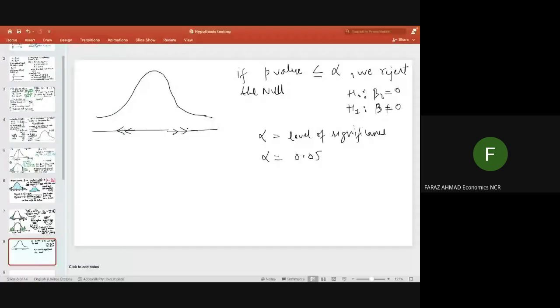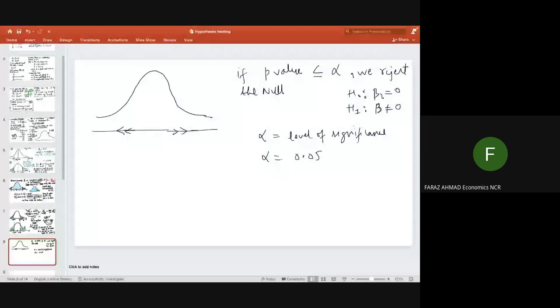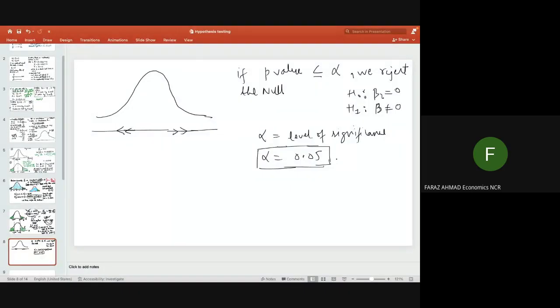And if alpha is 0.05, then we can reject the null when we have a big T value, or if we are deeper into the tails. So what level of significance is basically telling us is that dividing line that will make us reject and not reject the null.